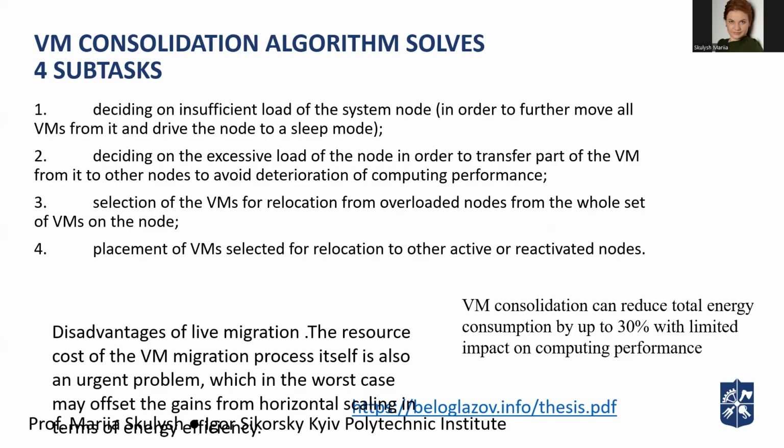All these technologies work together, and they allow flexible computational nodes whose load can be moved and then the hardware can be turned off. Second is deciding on excessive load of a node, in order to transfer part of the virtual machines from one computational node to another.